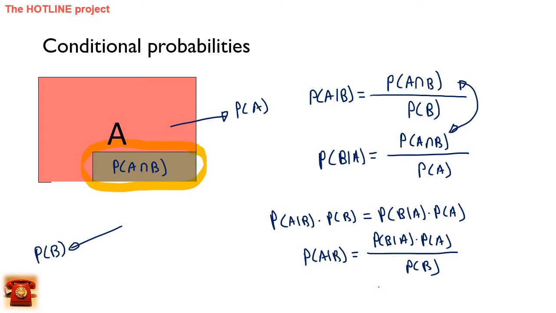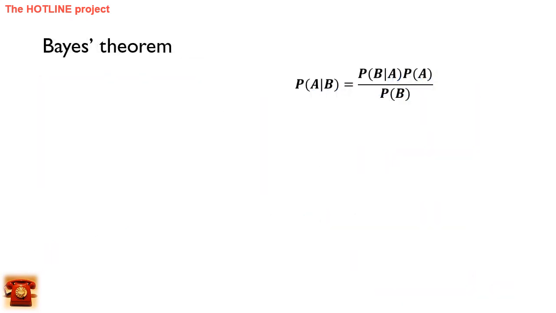And this is Bayes' theorem. So Bayes' theorem is a very nice way to find the conditional probability when the reverse conditional probability is known.